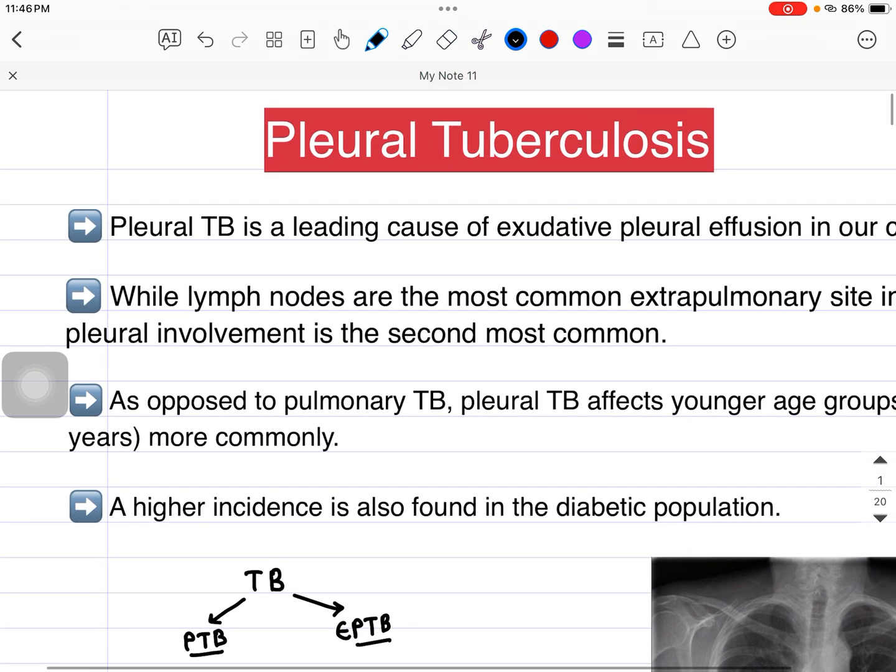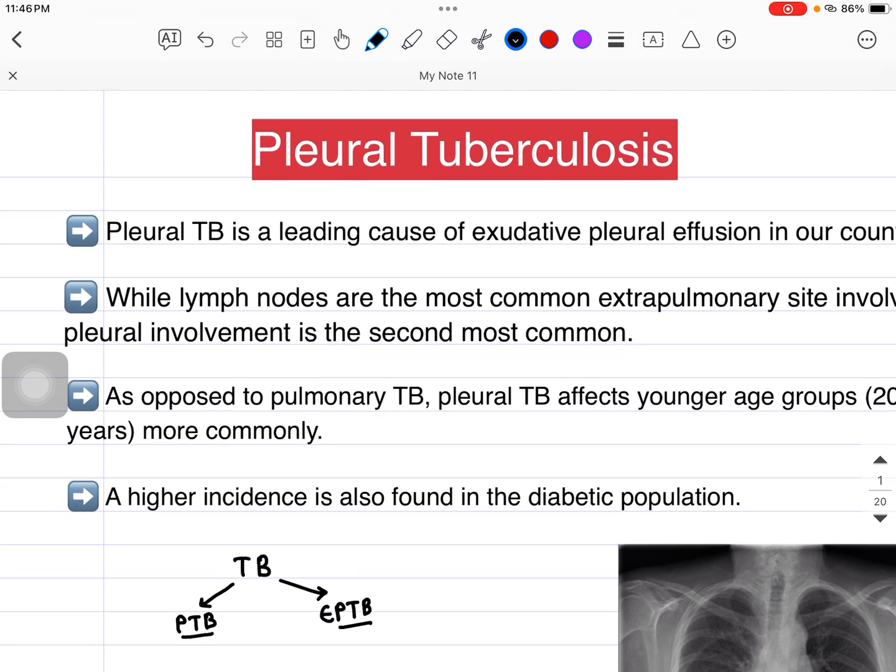The next thing is that pleural tuberculosis is one of the very common types of extrapulmonary tuberculosis. However, if we ask what the most common type of TB in the extrapulmonary category is, the answer would be lymph node TB.